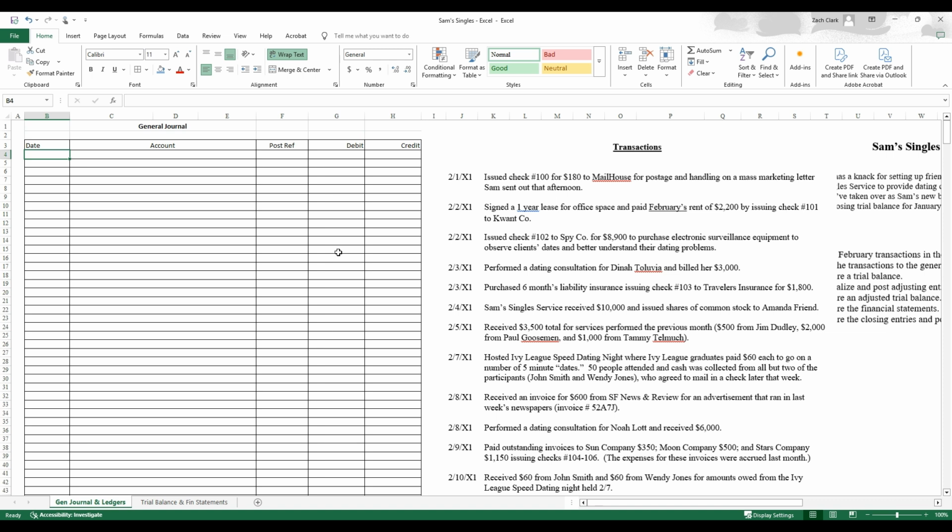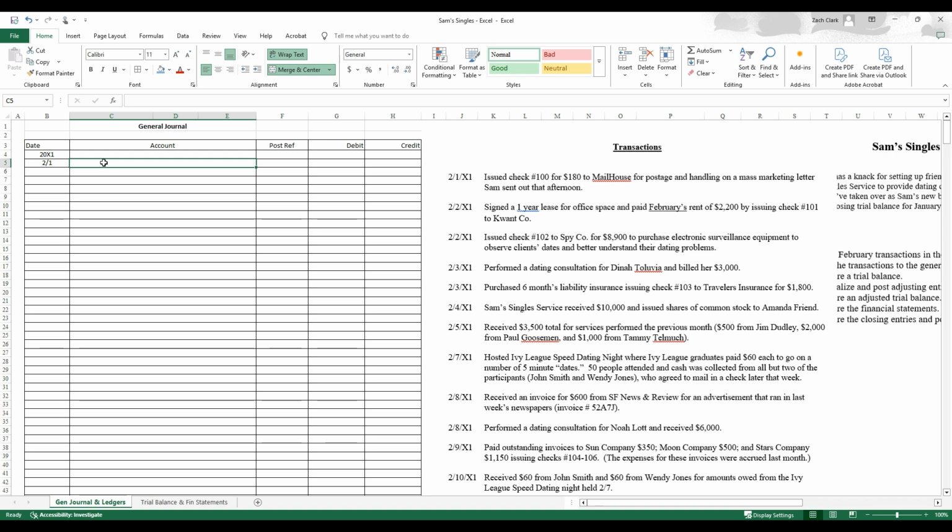For the first transaction, the first thing I'm going to do, just as a formatting thing, is put the year in above, and then I'm just going to put dates. Let me change the format to text and dates in that format, so we don't have to keep putting the year in every time.